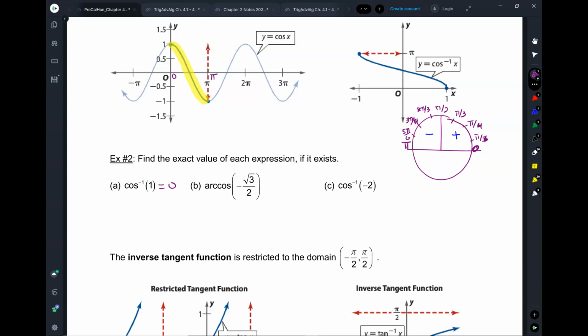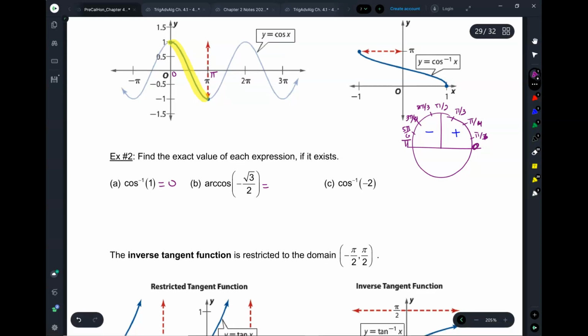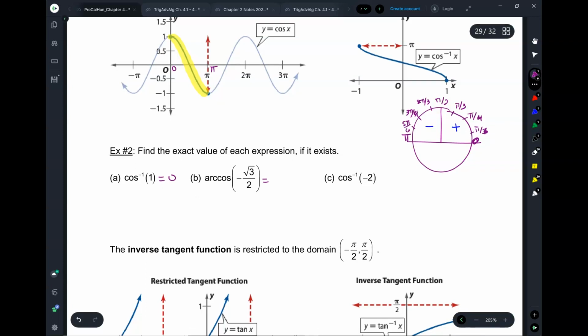Like in another country practically. So we can't use 2 pi. If you give us a problem like this, we're not going to see the graph. It'll just be inverse cosine of 1. Okay, arc cosine, which is the same thing as inverse cosine of negative root 3 over 2.